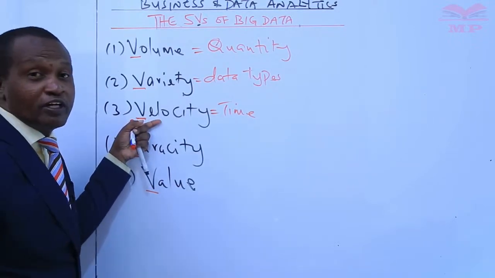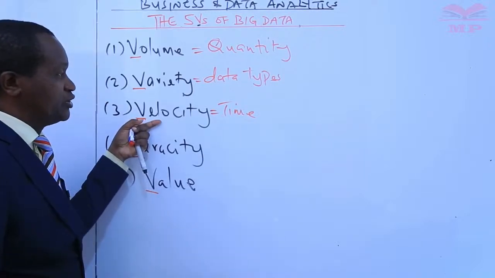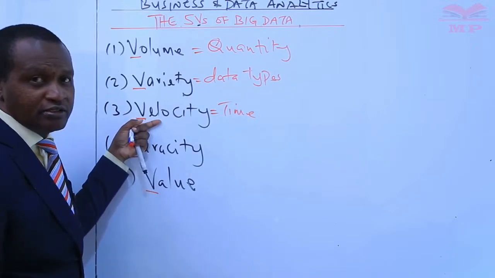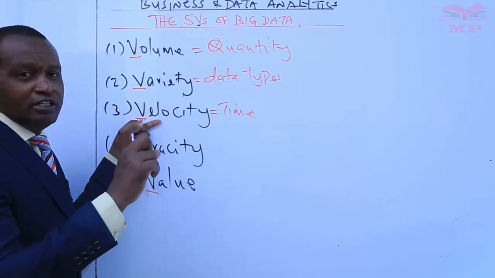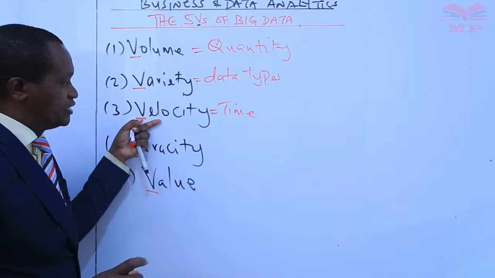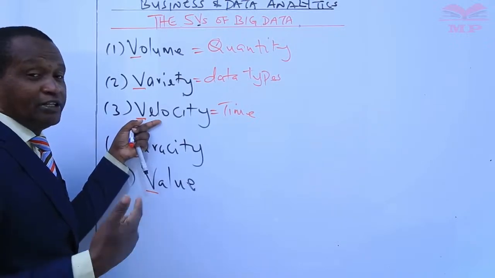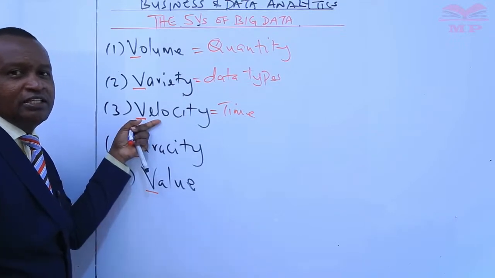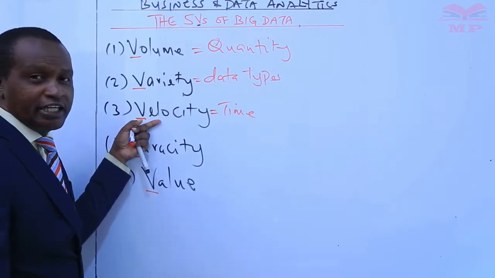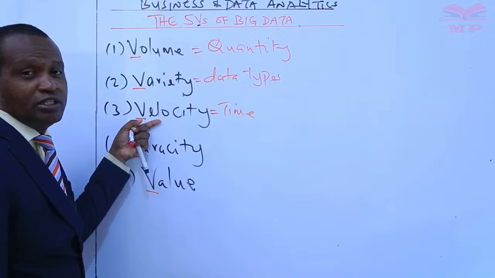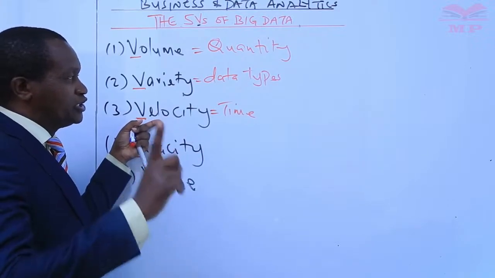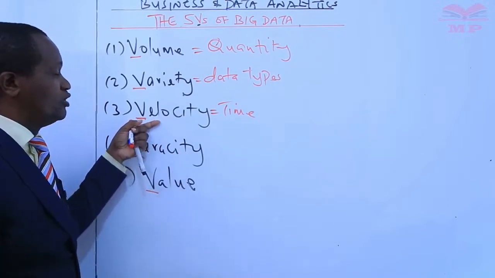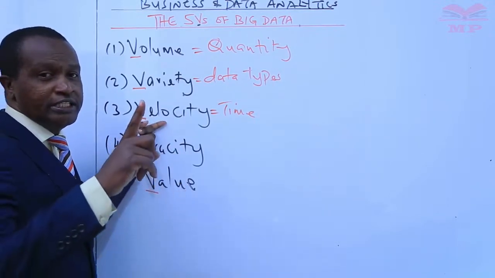For what is the point of having big data that is not analyzed or processed? It is better to have a limited amount of data that can be digested and quickly analyzed, if possible in real time, because at times decisions are required to be made in real time. Therefore, data has to be made available for making such decisions.